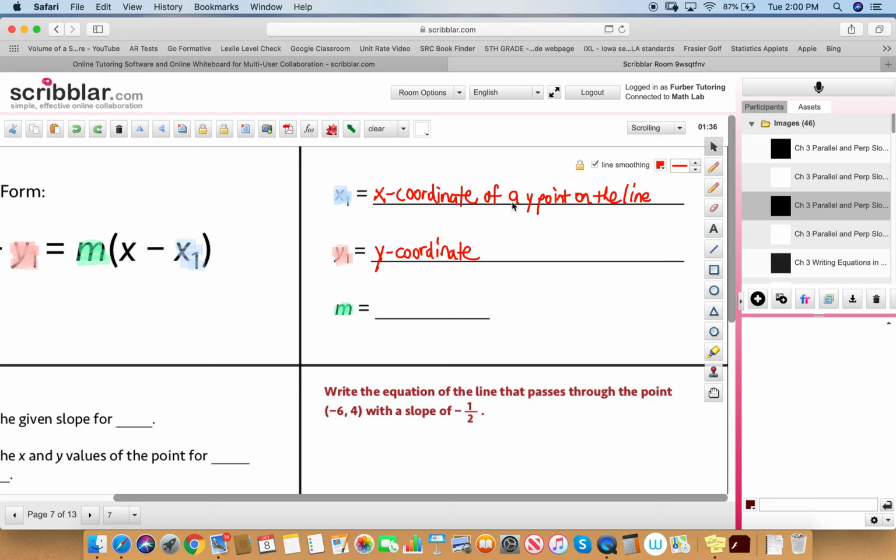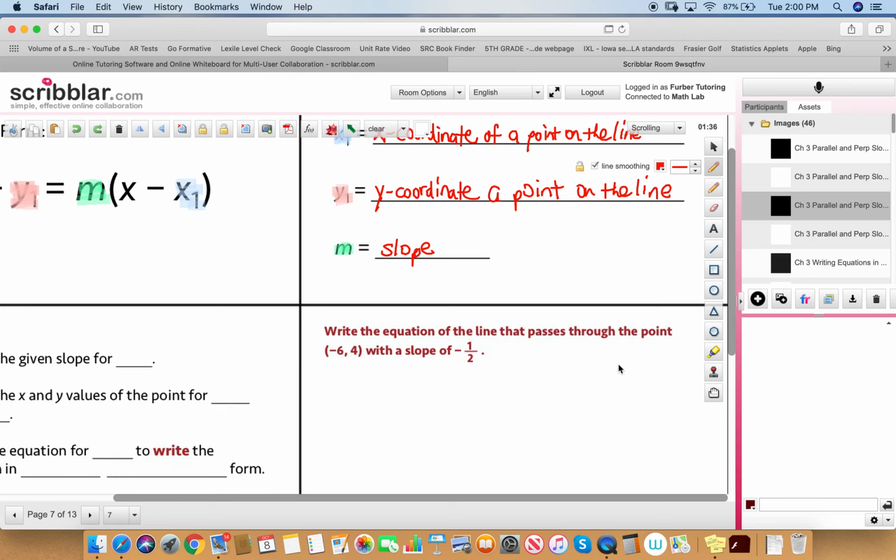I'm going to change this just a little bit. It is any point on the line, but I'm going to say a point because a lot of students will mix up the points. You have to pick a point that's given, and you have to use both the x1, y1 for that point. And then m is the same thing it is for slope-intercept form. M is the slope. So that part stays the same.